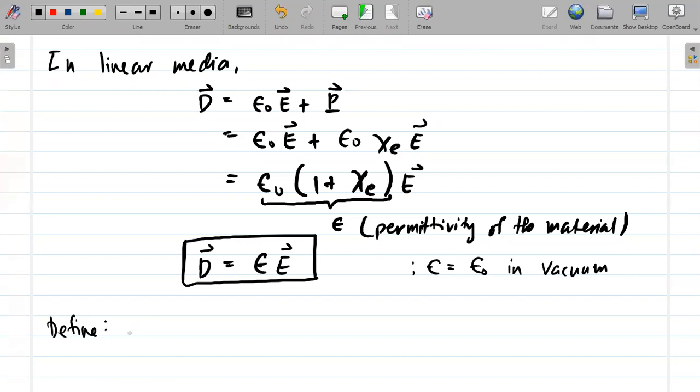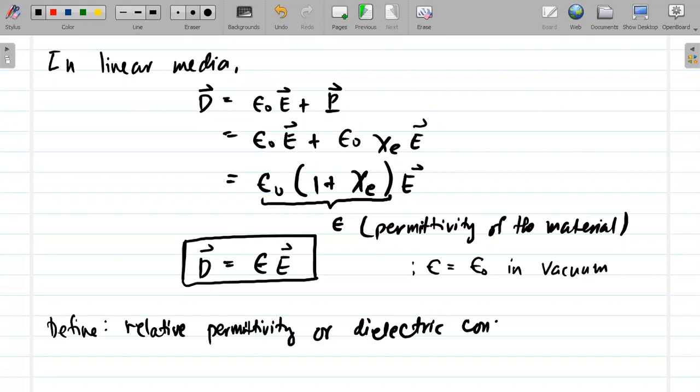The relative permittivity. Or we also call this the dielectric constant. So medyo familiar siguro yung term na dielectric constant. So this is given by epsilon R, R for relative permittivity, defined as epsilon over epsilon naught. This is also equal to 1 plus chi E.